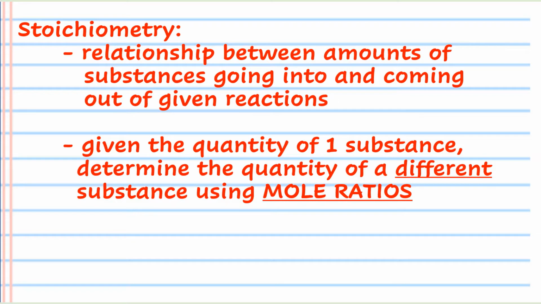In order to do these problems, we're going to use mole ratios, and we're also going to utilize the numbers from our conversion factors that we did with moles: 6.02 times 10 to the 23rd representative particles, either atoms or molecules, 22.4 liters, and the molar mass of an element or a compound.